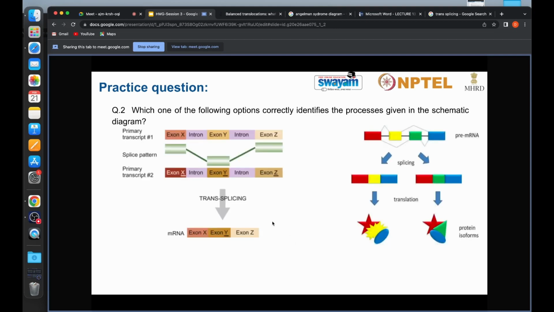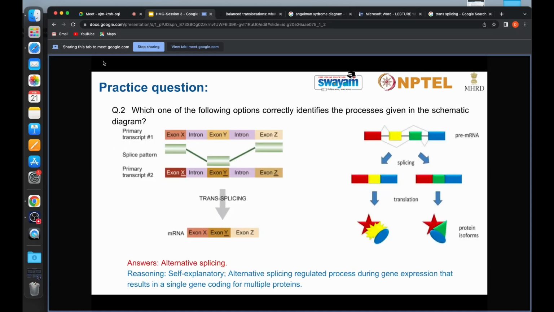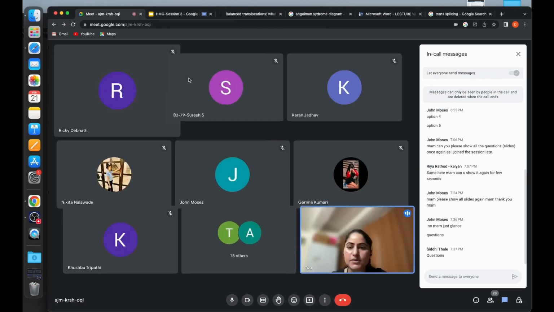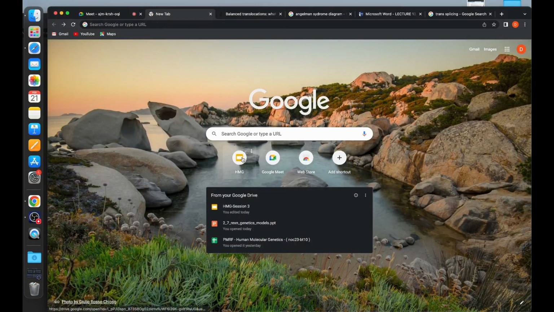The next question was related to alternative splicing. In this question, I had added one figure while explaining it to someone about trans splicing, so let me first remove it so that it won't affect the question.